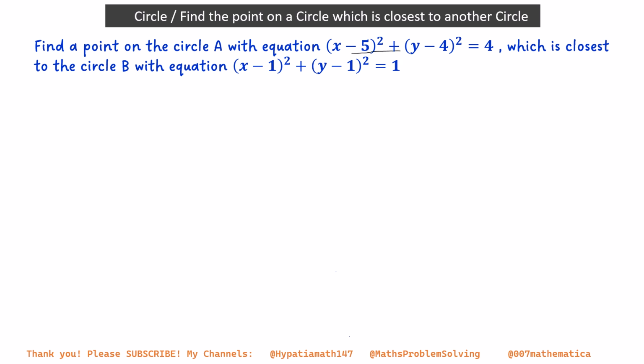So we have the center and we have the radius of the two circles. So if I say circle A, the center is 5, 4 and radius is 2, and for circle B you'd have the center as 1, 1 and radius as 1 as well.